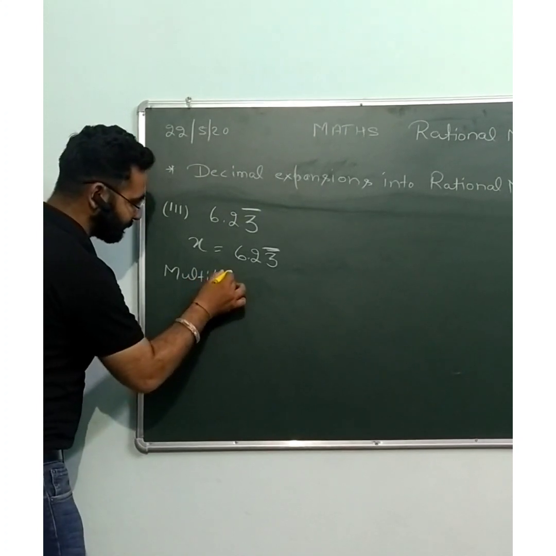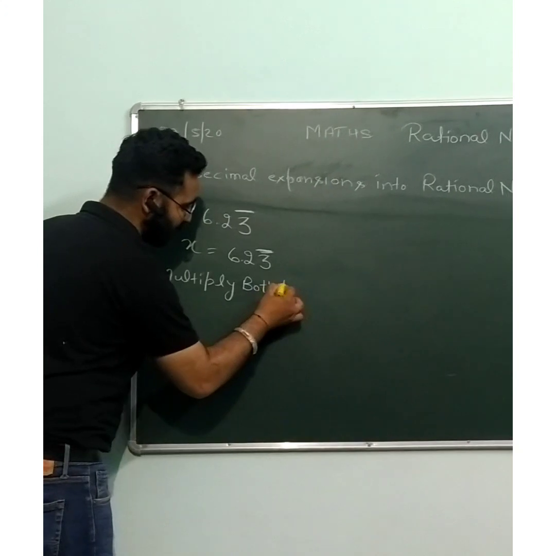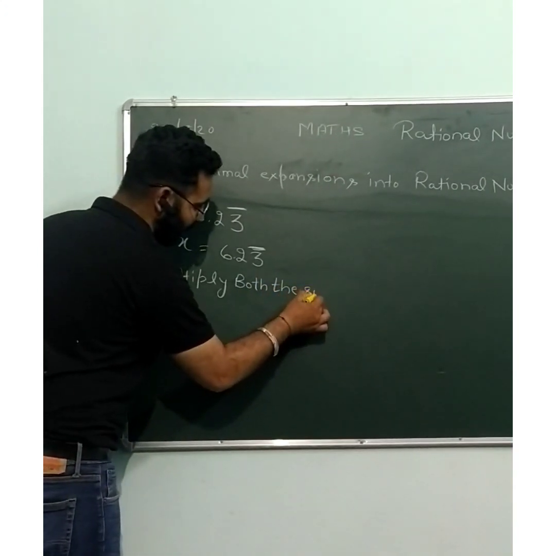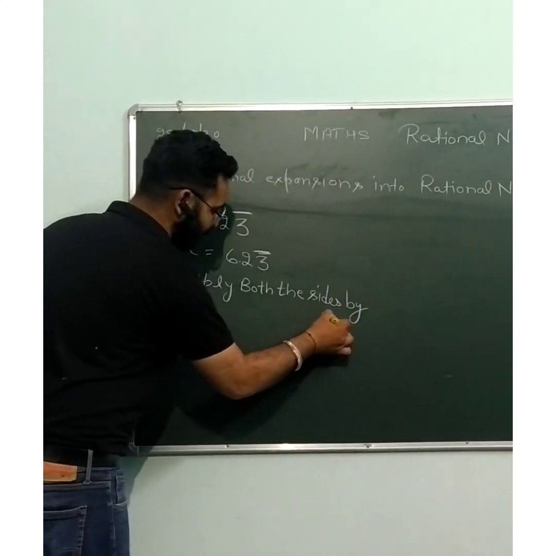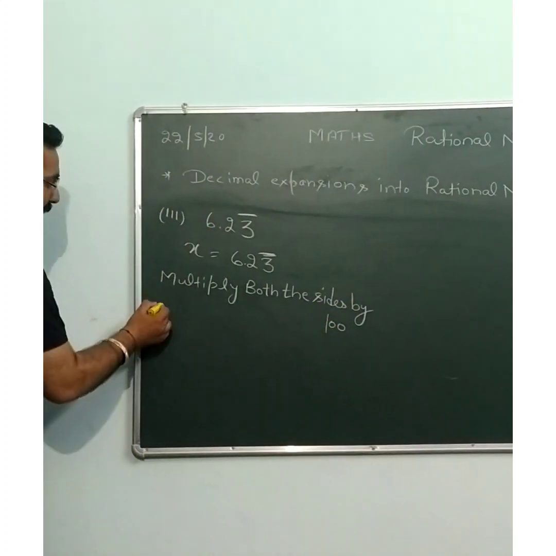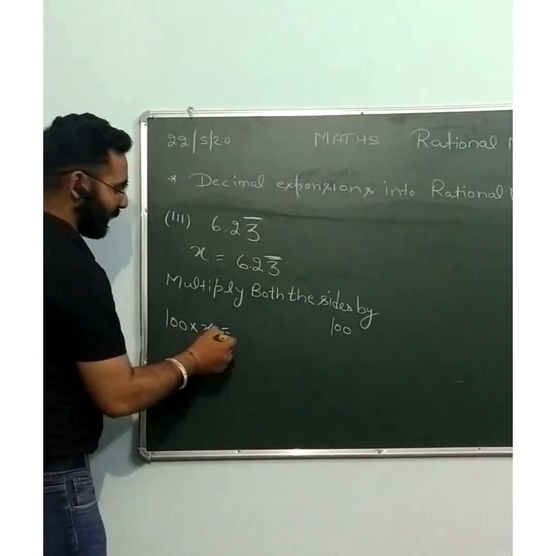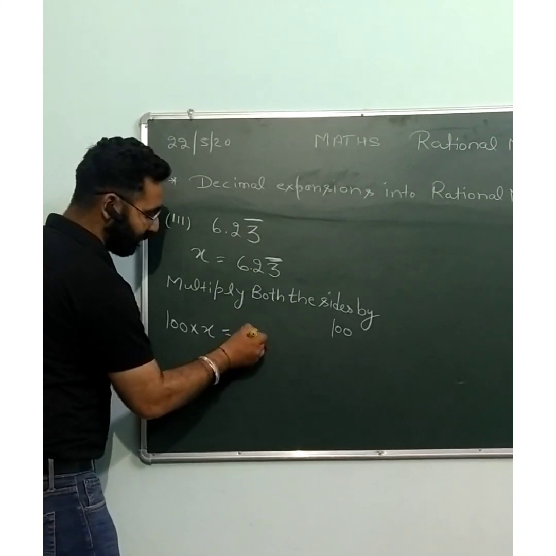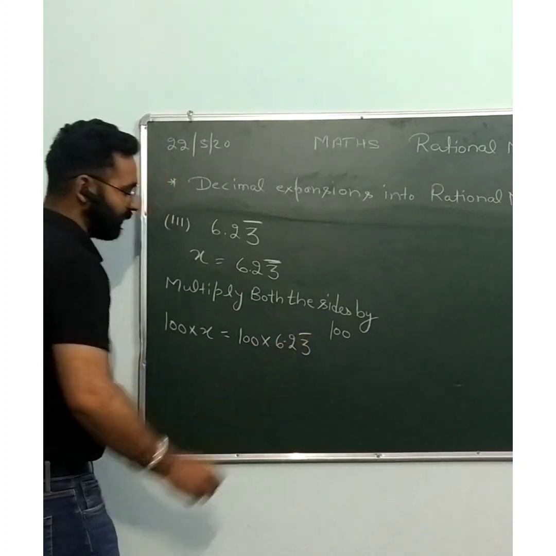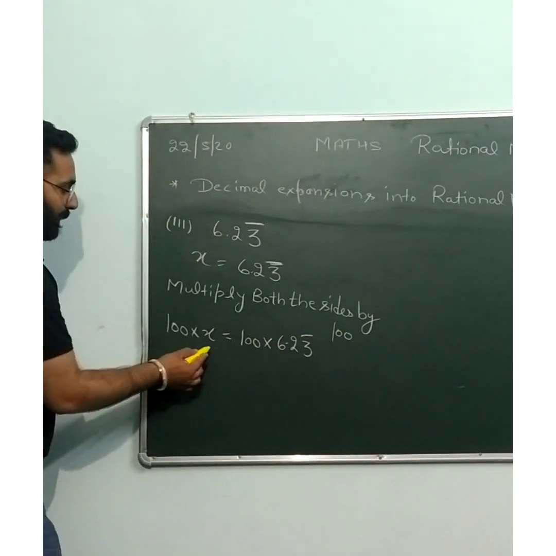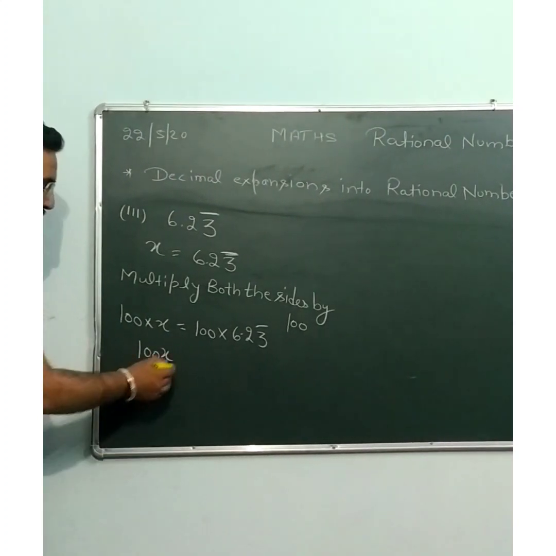So in the same way, multiply both the sides by 100. This side 100 multiplied by x, and here it will become 100 multiplied by 6.23 with the bar on 3. 100 multiplied by x will become 100x.